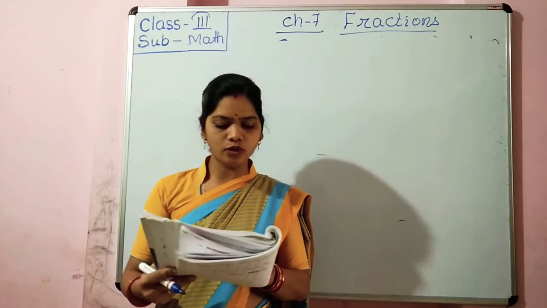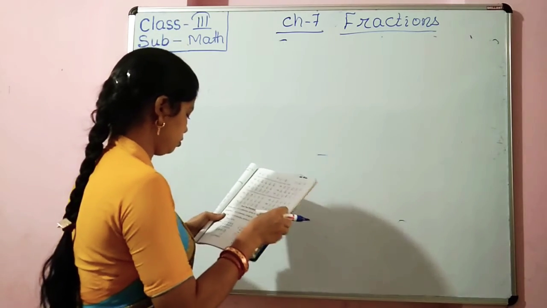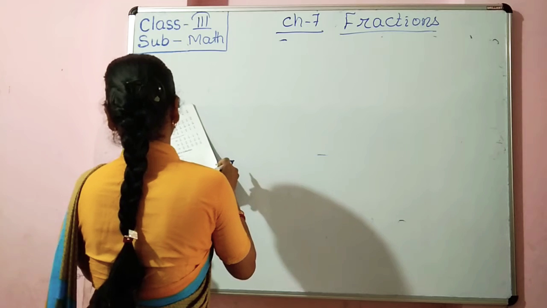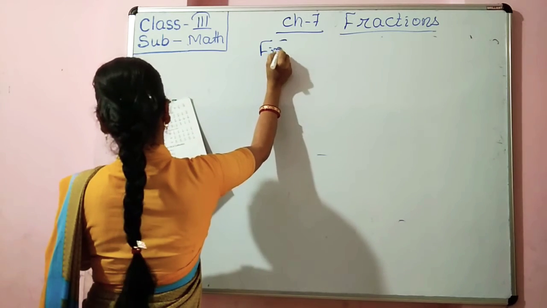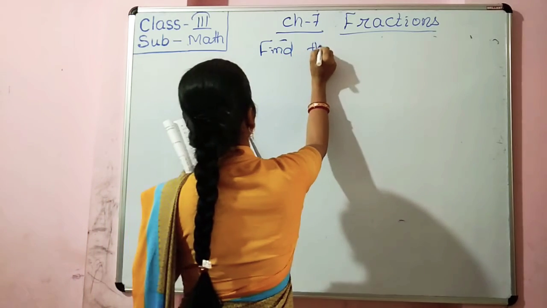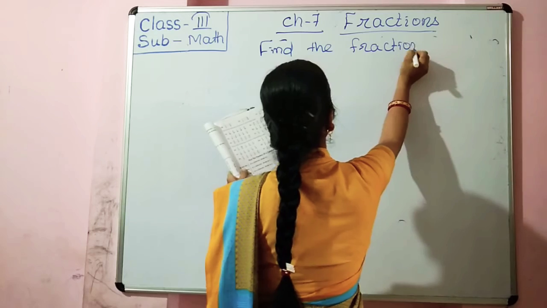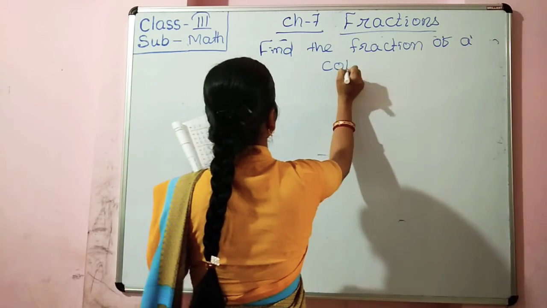Look, to find the 1 by 2 of a collection we divide by 2. To find the fraction of a collection.